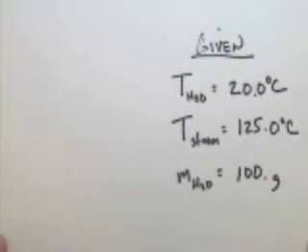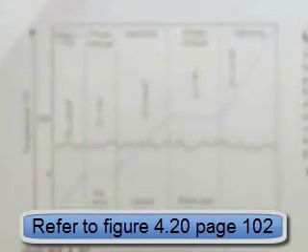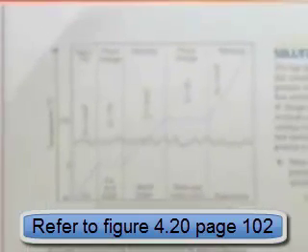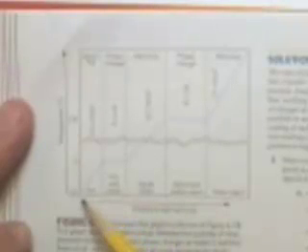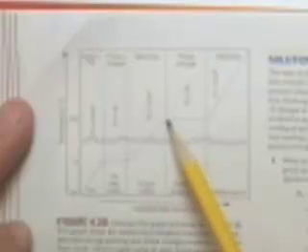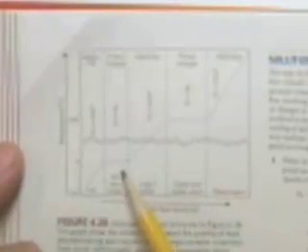All right, let's take a look at the graph. This graph represents a relationship between energy and the temperature of a substance. Each of these straight lines in the graph represents no temperature change.